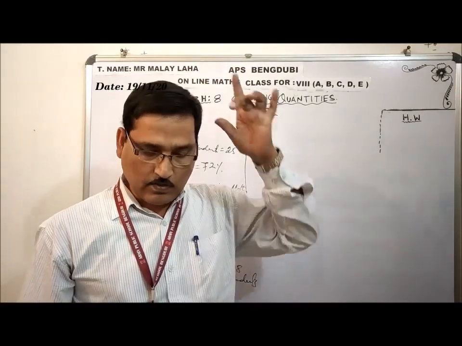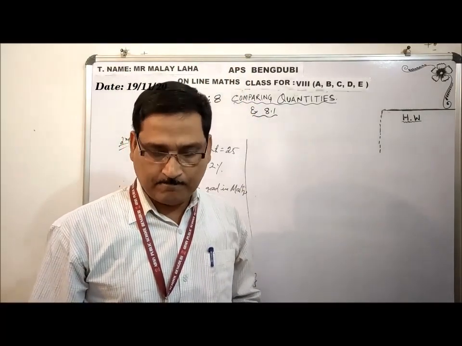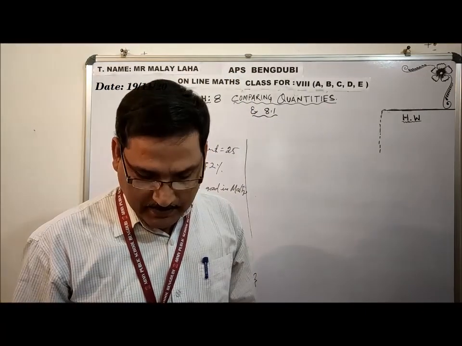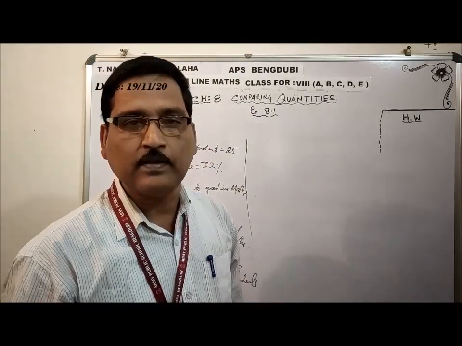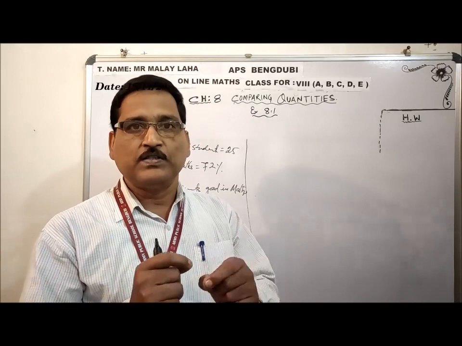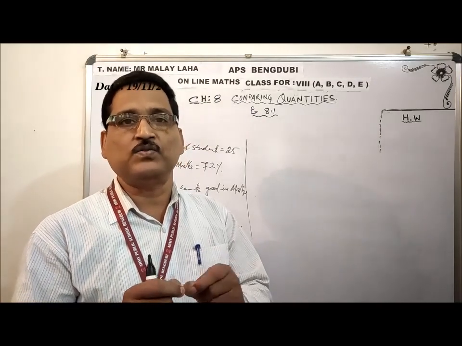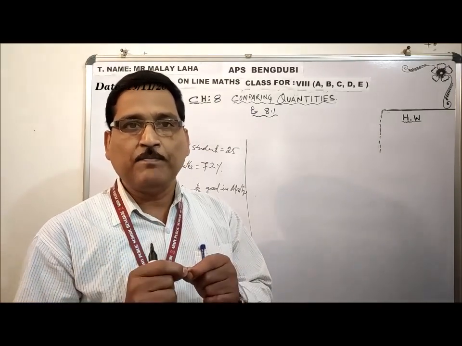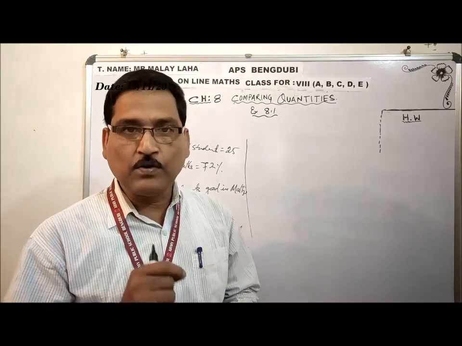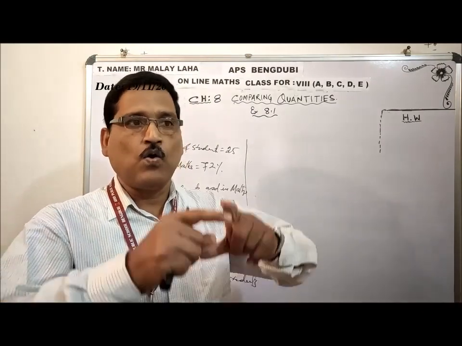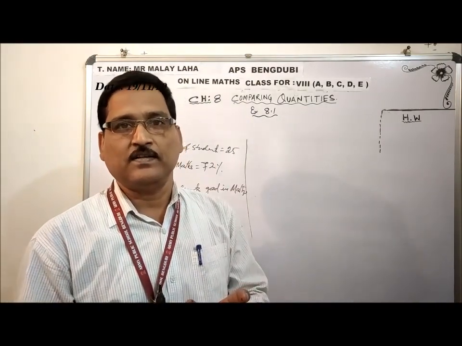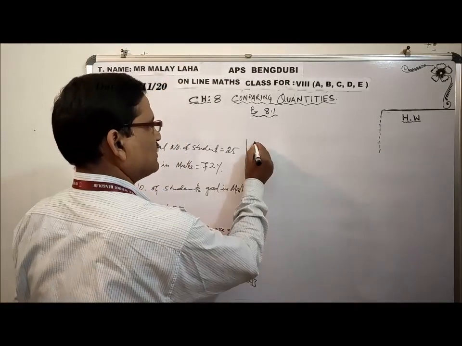So the winning percentage is 40 and the winning number is 10. You have to just make a link of these two quantities. The whole quantity is missing.